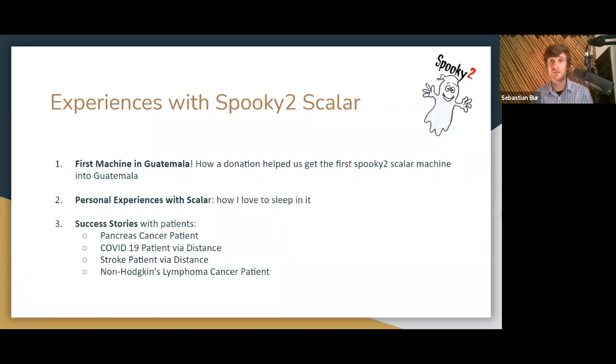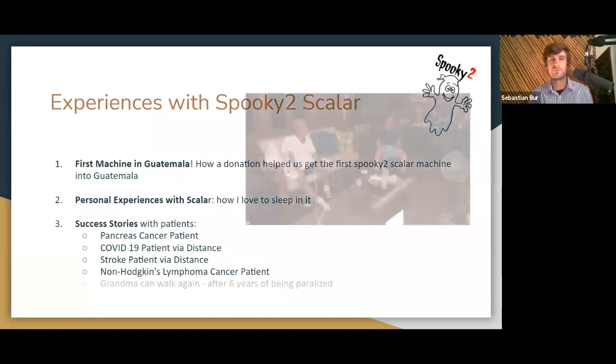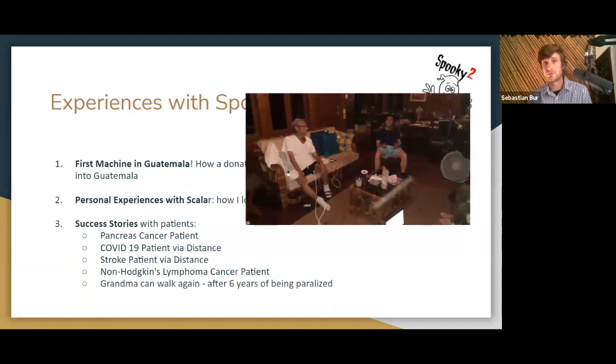He bought the scalar and the Spooky machines and everything, and he's been sleeping in it ever since, and he's excited. And his tumor that he had here is gone, but we haven't done any testing like blood tests to see if the cancer's totally disappeared. But these are just personal experiences. These are 2 of the patients.